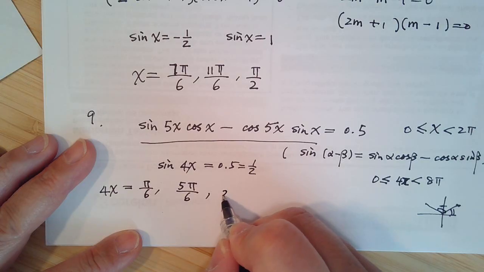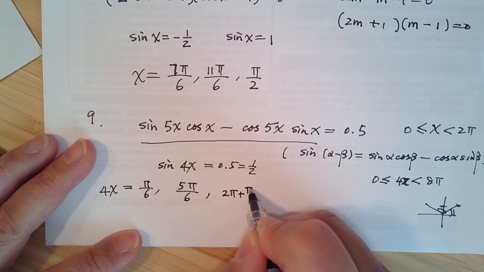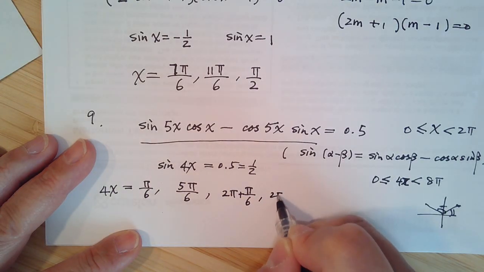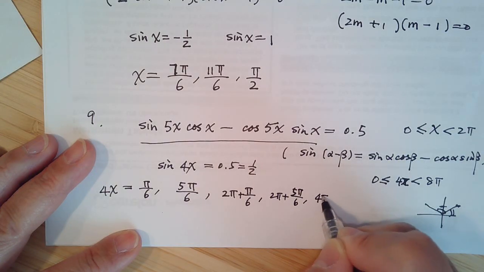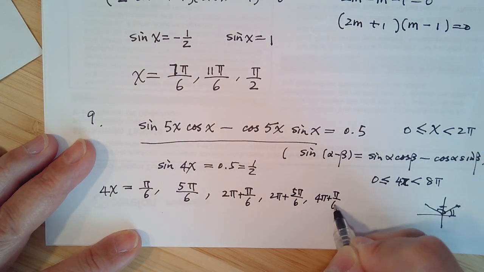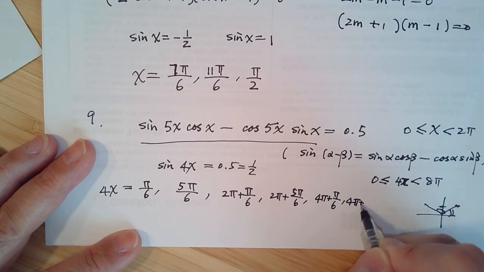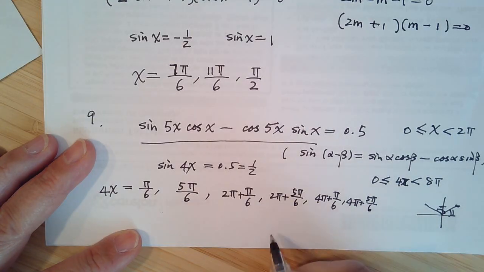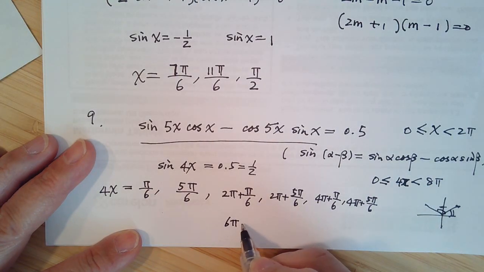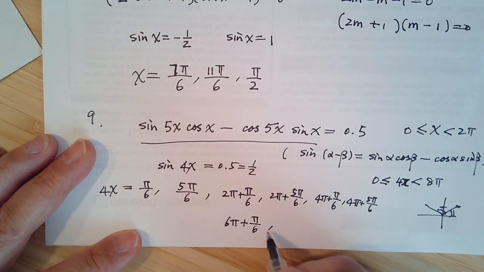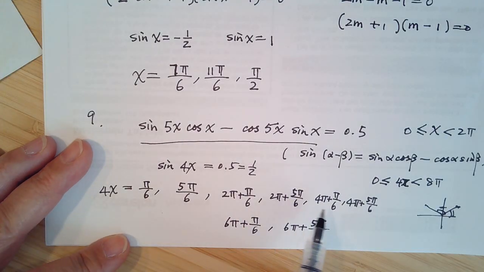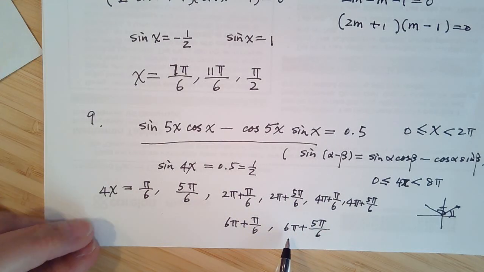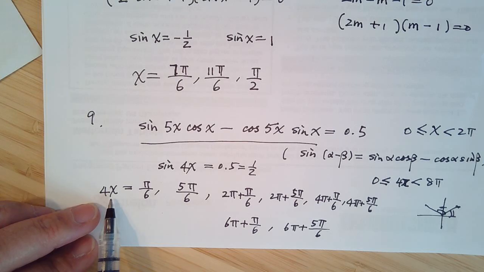And then I get 2π + π/6, 2π + 5π/6, 4π + π/6, 4π + 5π/6, and 6π + π/6, and 6π + 5π/6. So 1, 2, 3, 4, 5, 6, 7, 8. I get eight of them, and then I just go ahead and divide it by 4.